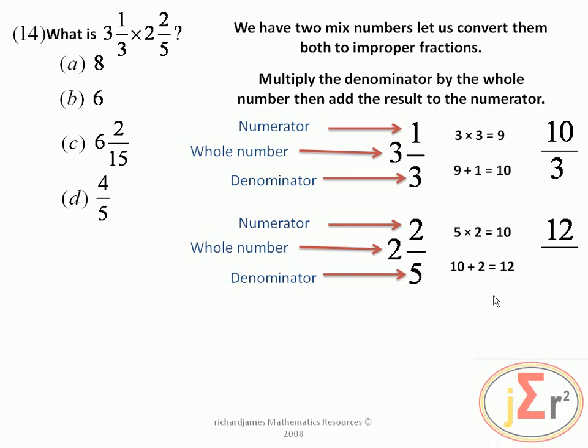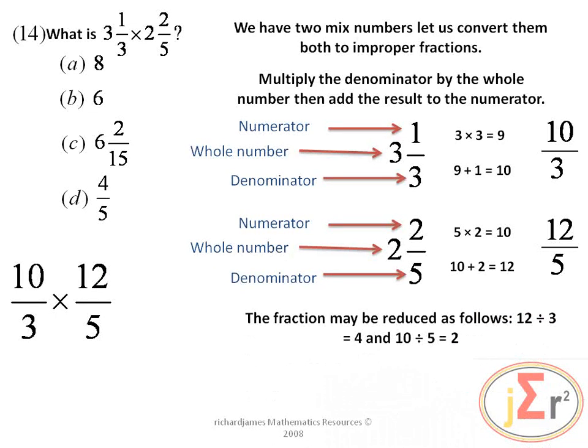So the numerator is 12 and the denominator is 5. And Jerry is putting his hands over his eyes because he is so disappointed that we are not going to be inverting fractions in this particular case that he does not want to see or to have anything to do with the problem.